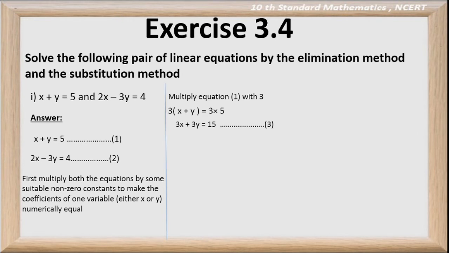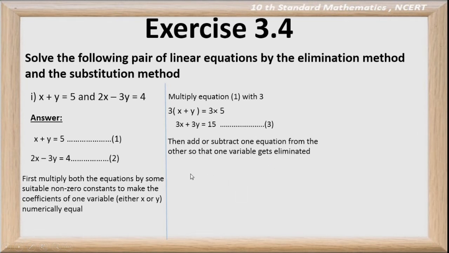Why are we making the coefficient of one variable equal? Then only we can eliminate one variable. The next step is to add or subtract one equation from the other so that one variable gets eliminated.